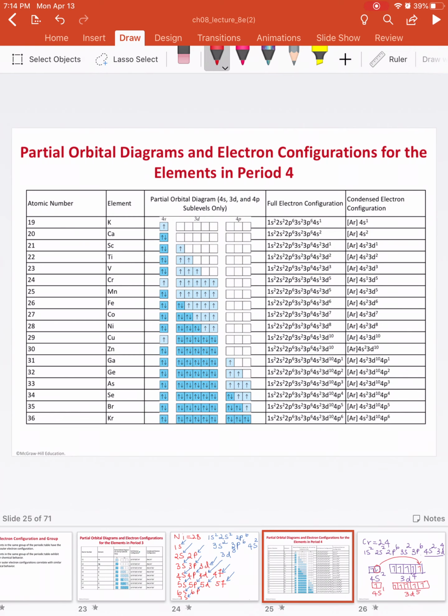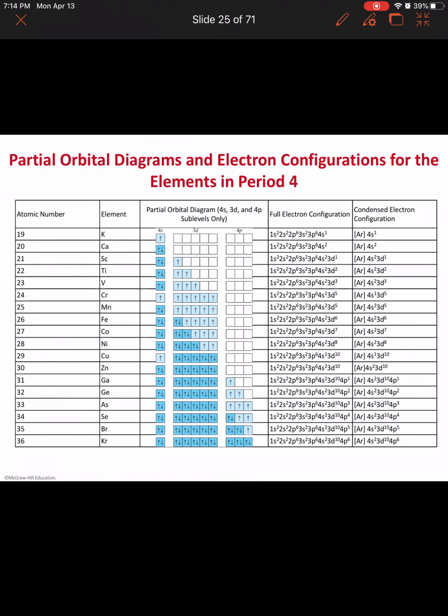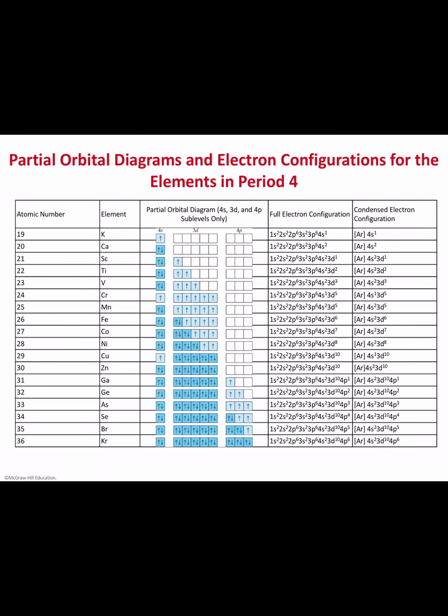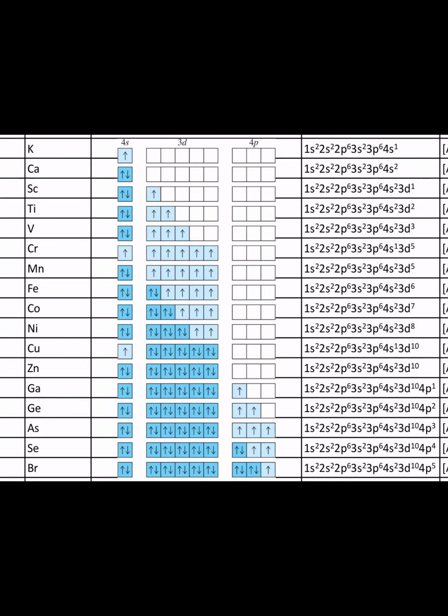That's what you are seeing over here. Chromium 24, electron configuration is 4s1 3d5 instead of 4s2 3d4. The same thing happened for copper.